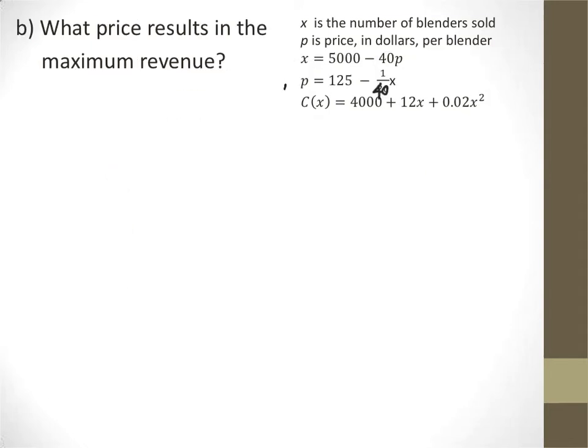Now that we have that, and we're going to answer the second question, we're trying to maximize the revenue. Well, this is the cost function, not revenue. So we're going to need to find some function. Revenue is quantity times price.